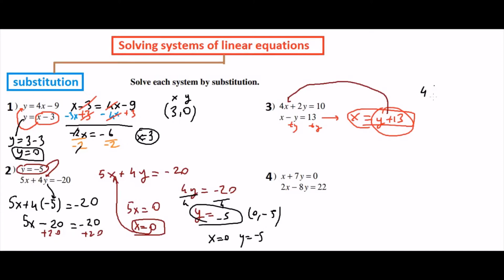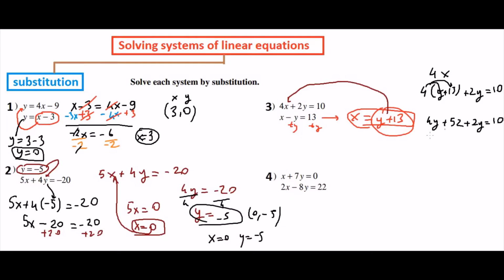So 4 times (y plus 13), because that was 4x, plus 2y equals 10. Now I'm going to distribute 4 inside of the parentheses. 4 times y is 4y, plus 4 times 13 is 52, plus 2y equals 10.